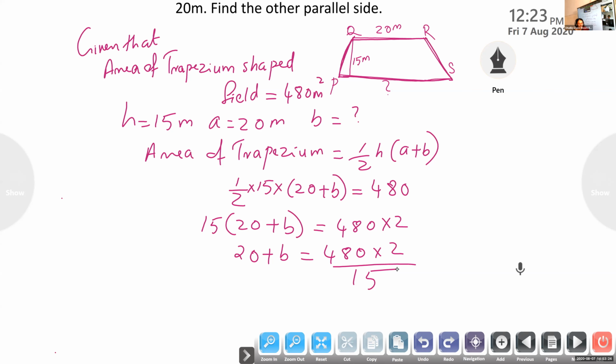We need to find one of the parallel sides. One is given as 20 and h is 15 meter. Total area is 480 meters square. The formula for area of the trapezium is half h into a plus b. So half 15 into 20 plus b equal to 480, so 15 into 20 plus b equal to 480 into 2.